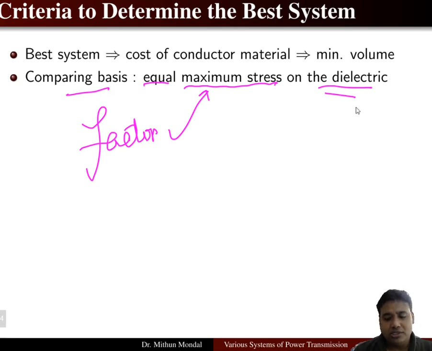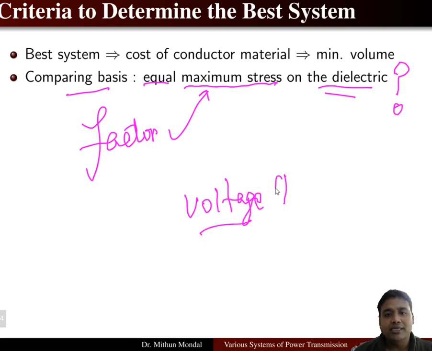Now the question arises: why has only this particular factor, equal maximum stress on the dielectric, been taken into consideration? We have seen that as the voltage increases, the transmitted power can increase. But up to what level can we increase the voltage?